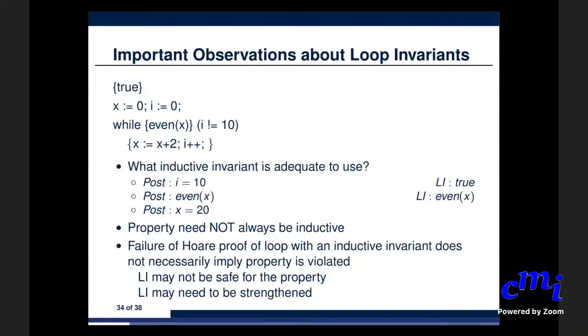Then for a certain class of properties, like propositional temporal logic, automatically deriving the strongest invariant is decidable. And there are algorithms and tools to do it.